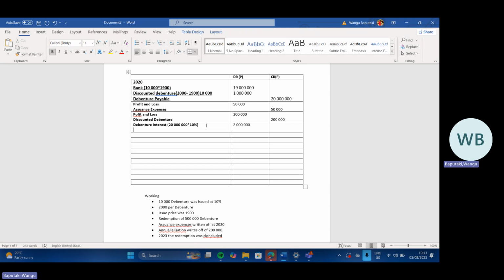We have to bear in mind that profit and loss goes along with discounted debenture, and debenture interest goes with bank or cash. So here I'm going to credit bank or cash with 2 million.